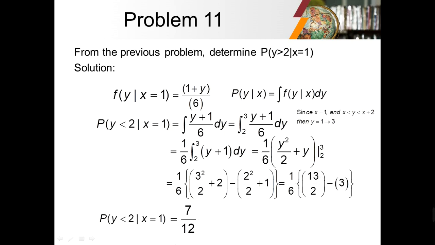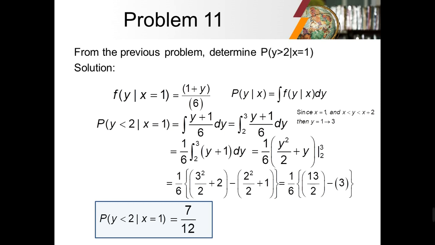But still, the final answer is 7 over 12. So, when you add this to our answer earlier, 5 over 12, the total probability is 1. Because that is the full range of y, since it is less than 2 and greater than 2.